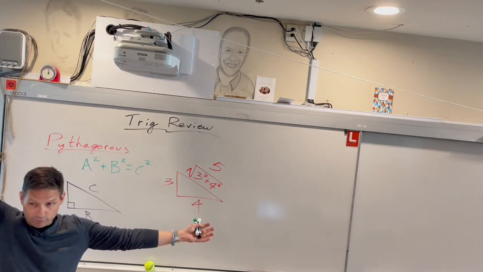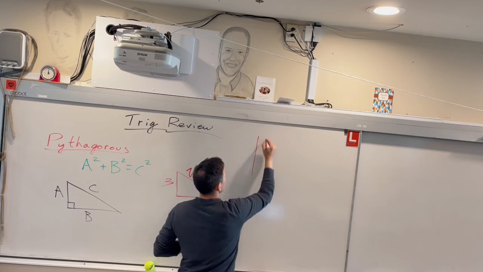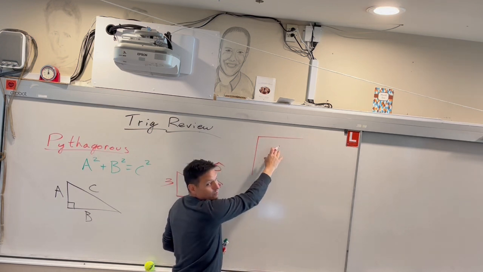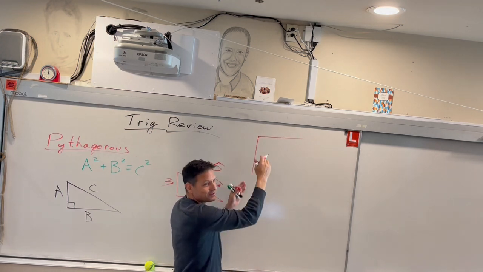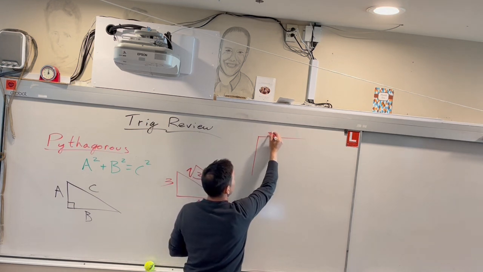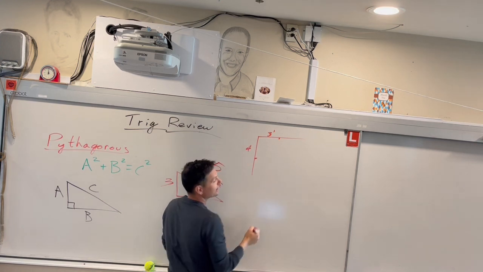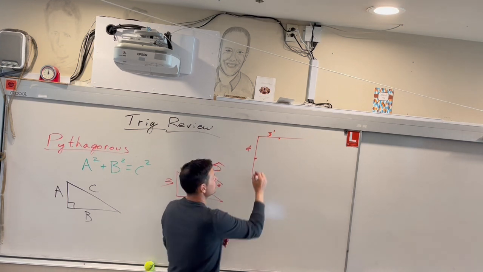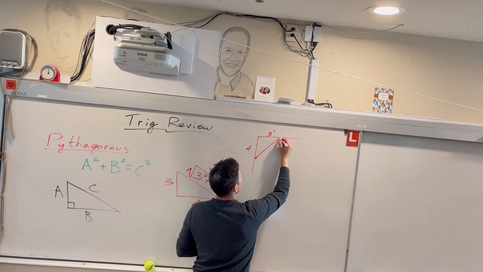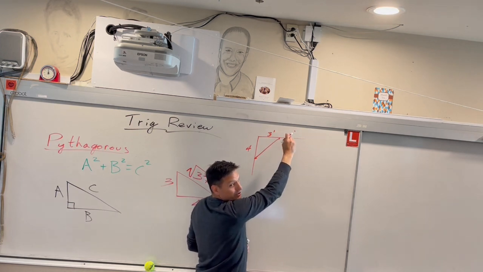So if you're building a house and you want to know if something is square, I do a lot of renovation work and construction work, so what you do is, if you want to know if this corner is perfectly 90, you measure 3 feet out to here and you measure 4 feet out to here, and then you make a mark and take your tape measure. If your tape measure is over 5, you got to push this in, and if it's under 5, you got to push it out.